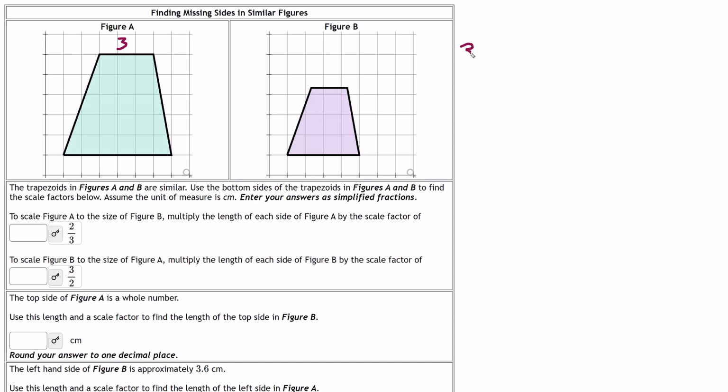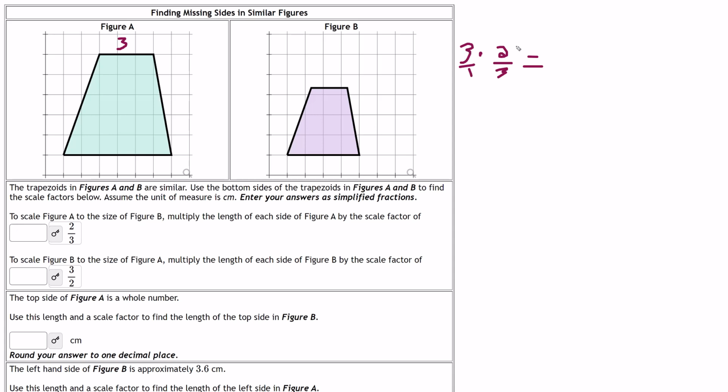So let's try that. That would be 3 times our scale factor, which, like we said, was 2 over 3, is equal to. Now you can just put that in your calculator if you wanted to. But a little hint here, you can think of this as 3 over 1, right? And when you're multiplying fractions, you just go straight across.